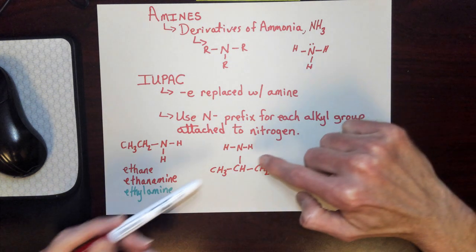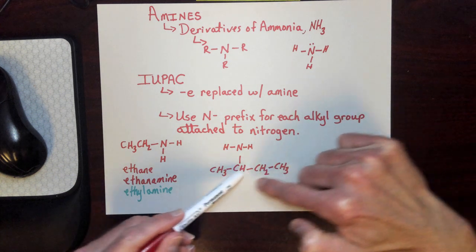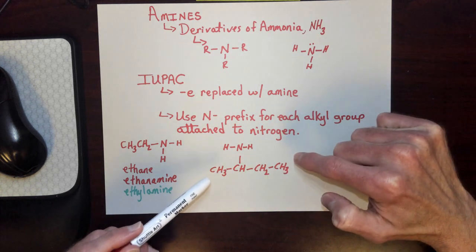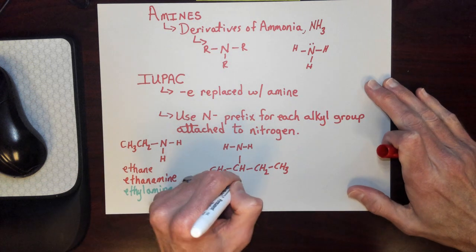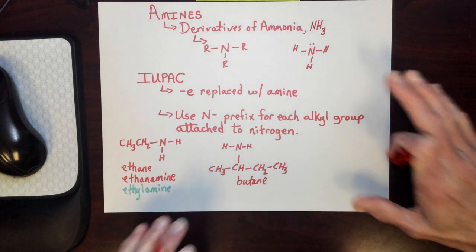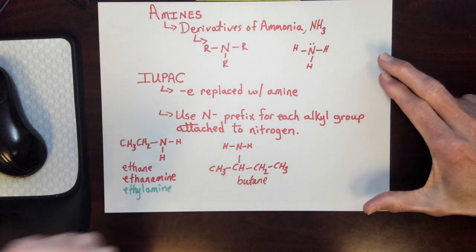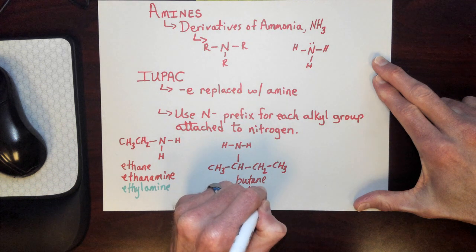So we have our amine group. There is the alkyl group attached to it. Its root is butane. So we change the E to amine, so butanamine.